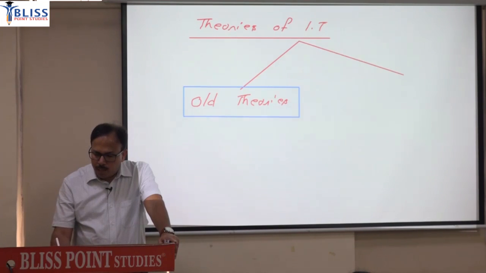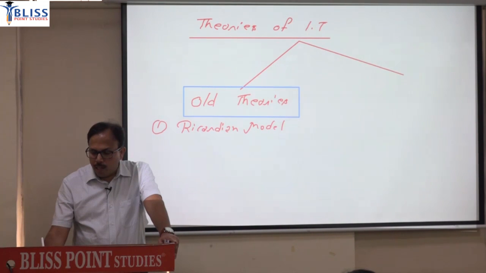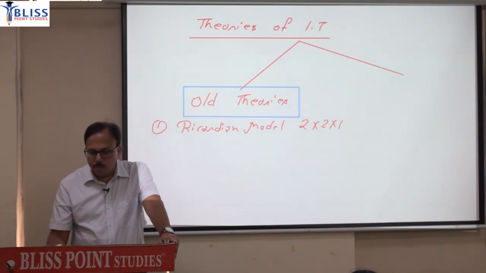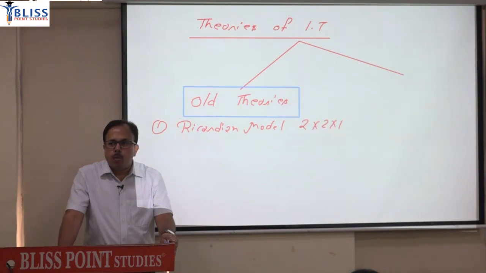it will start with the Ricardian comparative cost advantage, mainly the Ricardian model. That Ricardian model will be a 2 by 2 by 1 model.